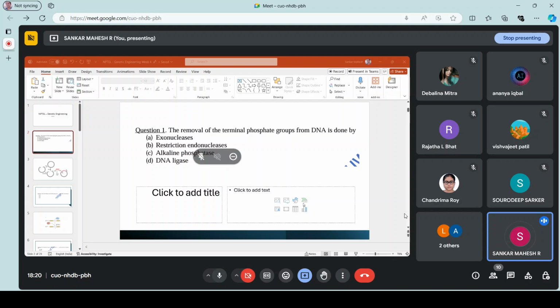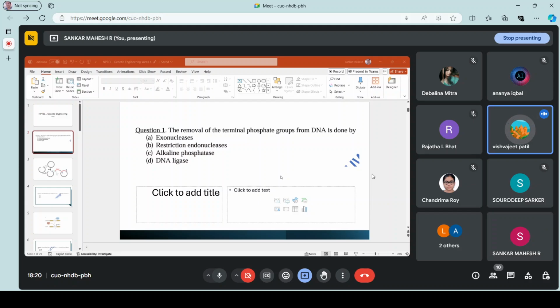The two strands of DNA are hydrogen bonded to each other, so ligation doesn't happen between these two strands. Rather, the 5' end of the same strand gets ligated to the 3' end of the same strand, or some other DNA's 3' end. Okay, Vishnudeep, you were raising your hand.